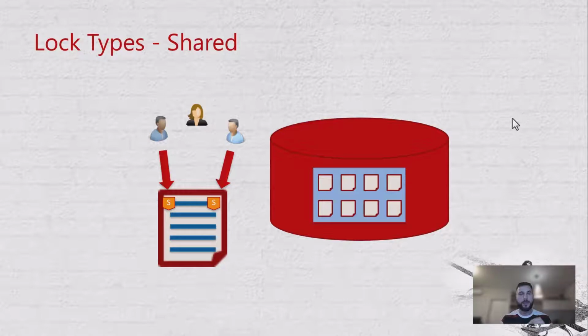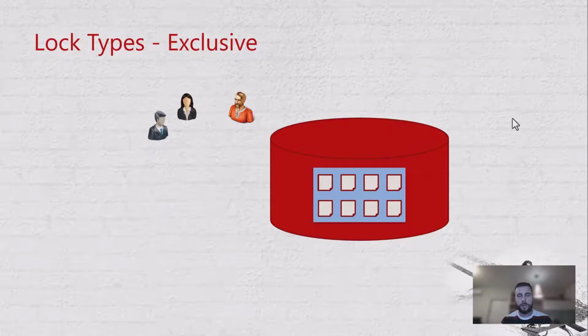But if somebody wants to modify the data, that process will try to put an exclusive lock on the row, and it will wait in the queue because it can't put an exclusive lock when there are shared locks or any other locks on that row. What I'm describing right now is the default SQL Server isolation level, read committed. Locking behavior changes in different isolation levels, but this topic is not in the context of this session.